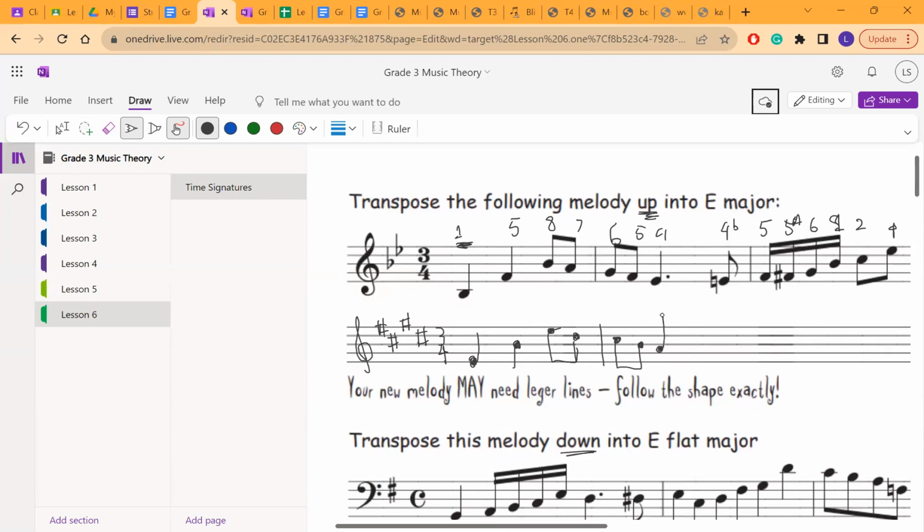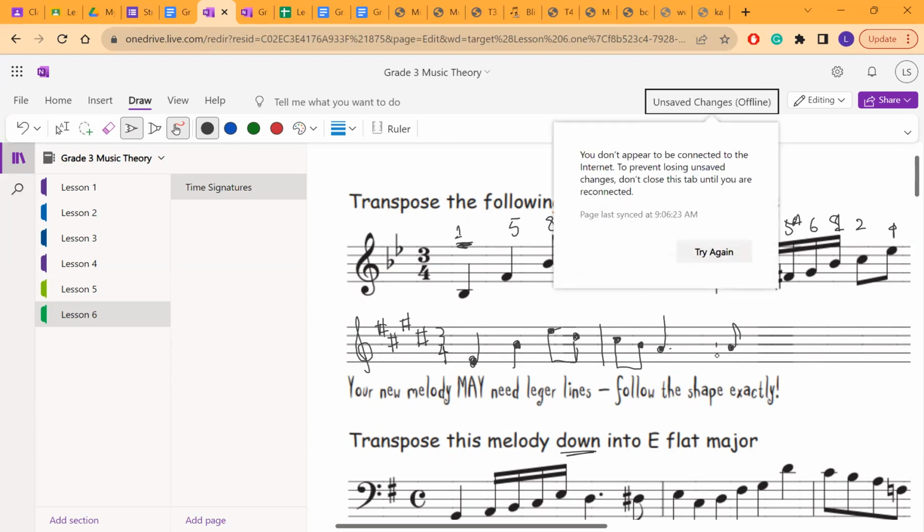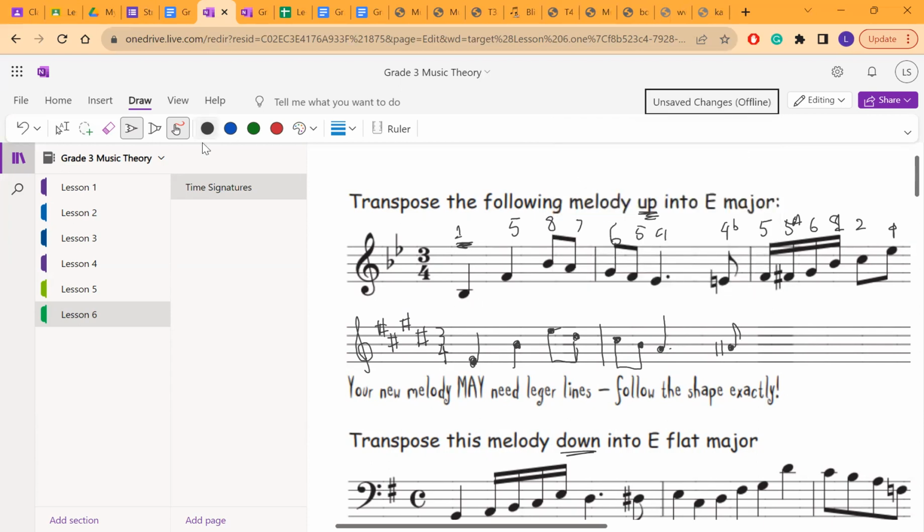So keeping all the scale degrees the same, we simply need a sharp, oh no, we need a flat there.